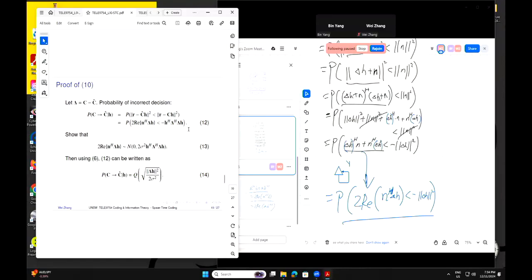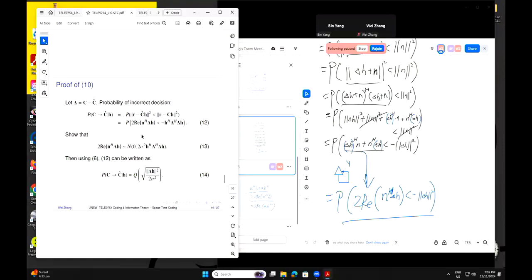So far, it's mathematics, and if you can accept equation 12, then you need to really understand the meaning of equation 12. Next step, look at the left hand side. The whole thing is a random variable. You have delta equals C minus C hat. C hat is there because you already did the detection. That means C hat is finished, C hat is given. C was sent from the transmitter in the past, so it's also given.